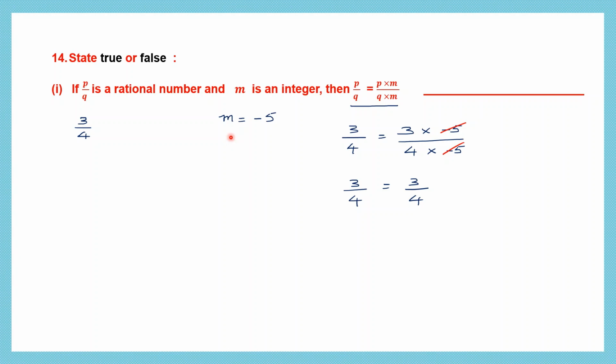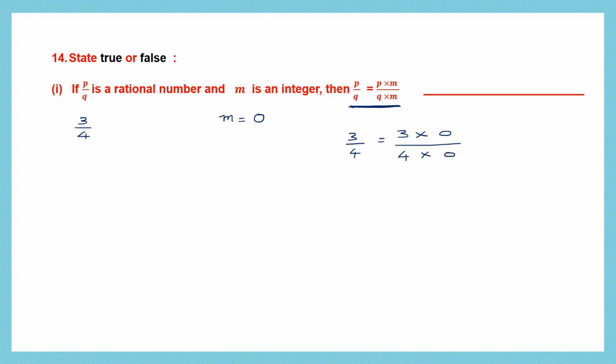Now remember, M can also be 0. So this time let's work out a sum where M is equal to 0. Then let's consider this. P by Q is 3 by 4. This is equal to P is 3, 3 into M is 0, and Q is 4, that is 4 into 0.